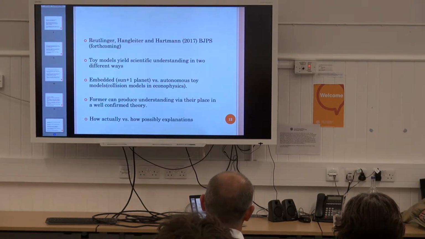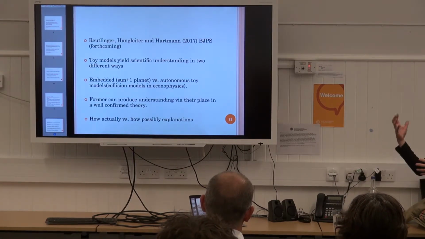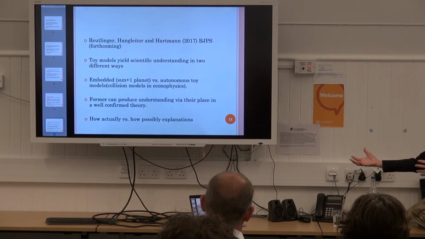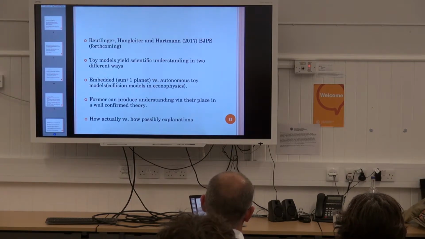Again, here I think there's a kind of problem, because the autonomous toy model, the collision model in econophysics, gets its legitimacy from the fact that it's a reliable model in statistical mechanics. And so the idea here, the analogy, is that, well, we can model populations of economic agents in the same way that we model populations of molecules in a gas.